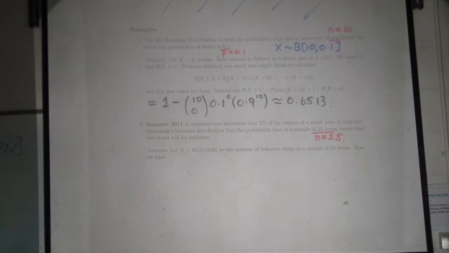So if it is binomial, you need n and p. What's the probability that you find a defective one? If you say finding a defective is a success.